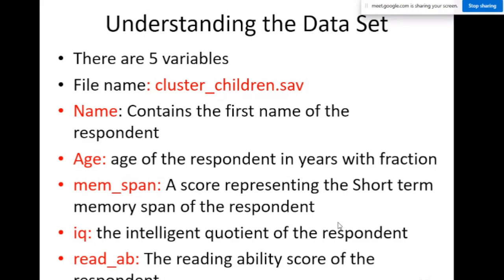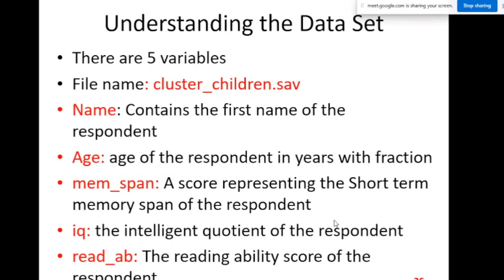Anyways, so memory span is a score. I ask you some questions based on your short-term memory, and then based on that I give you a score. So that is memory span. And then IQ, here the actual value of the IQ. An average normal individual has an IQ of 100. If you have an IQ more than 100, that means you are becoming intelligent.